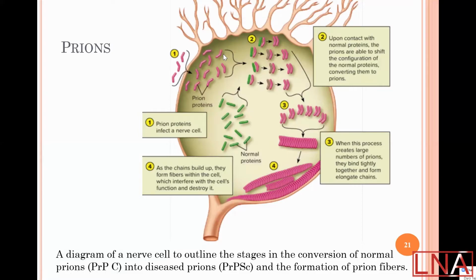Yes, I have a question. Does it replicate, as it doesn't have DNA or something for replication, just protein? Okay, very good question. Look, it does not replicate, and you can see on the picture here that there is no replication process.